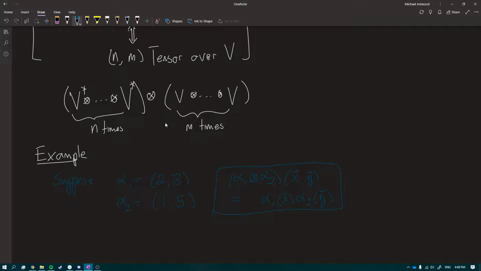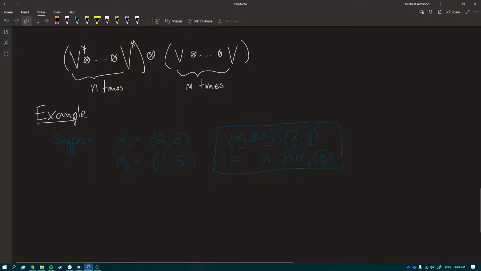If you take smaller covectors of order 1 and you tensor them together, you just apply the first one in the tensor product to the first input and the second one in the tensor product to the second input. So you could do alpha 1 tensor alpha 2 of, let's say, (1, 2) and (3, 4), and you'll get (2, 3) applied to (1, 2) times (1, 5) applied to (3, 4).